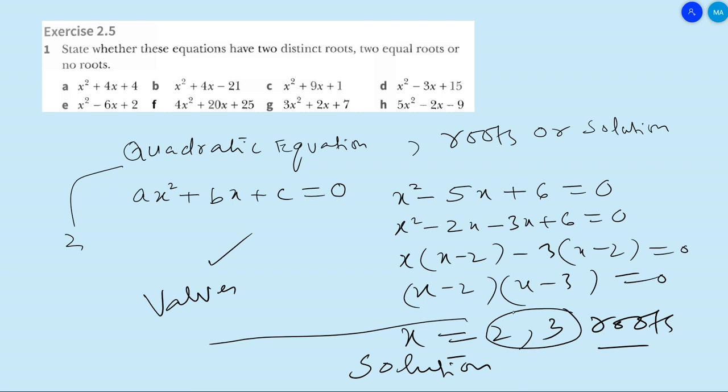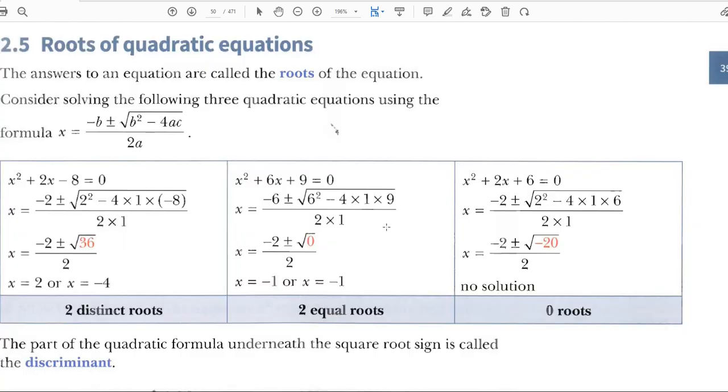So you can say the solution, the roots, or the values. But here we call the solution the roots. So if you are confused about the meaning of roots and the difference between solution and roots, students, both are the same.